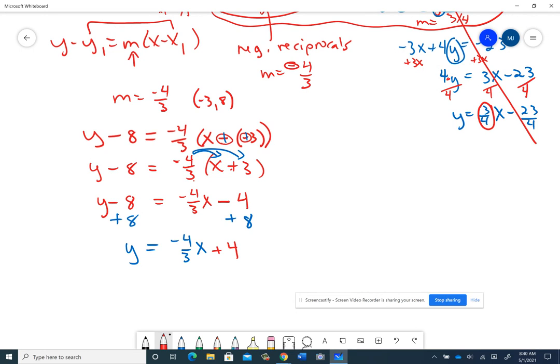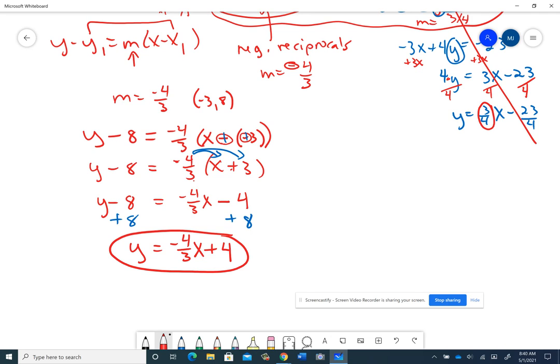Okay. Wanted that whole thing in red. It was just being delayed. Oh well, here we go. It's a little glitchy right now. It's just getting worn out. So y equals -4/3 x plus 4. That would be your final equation.